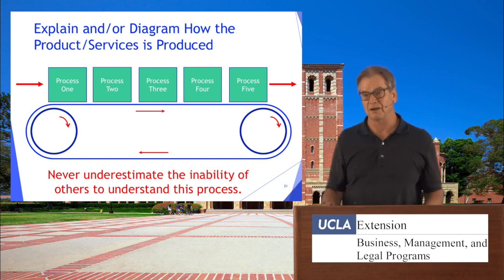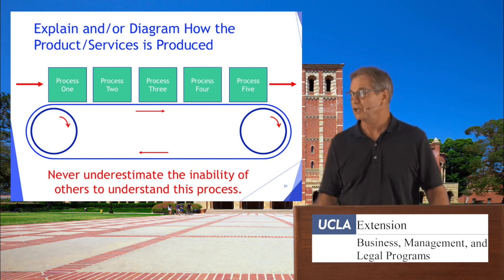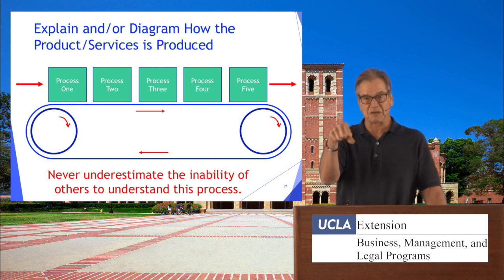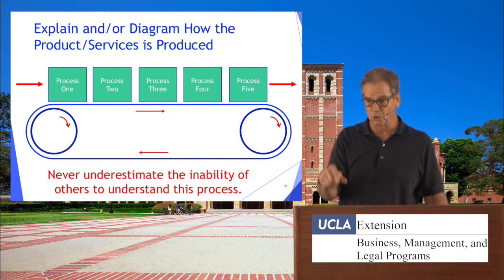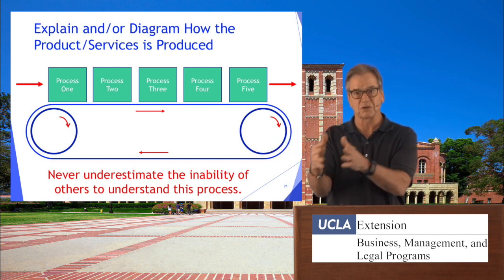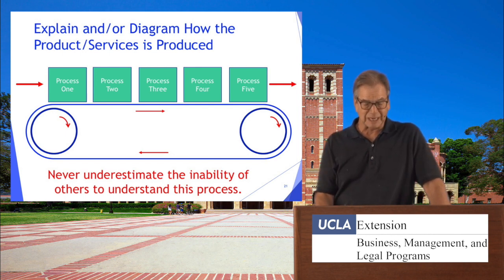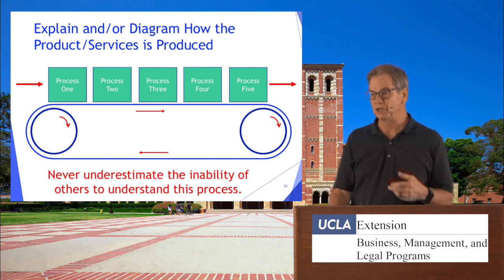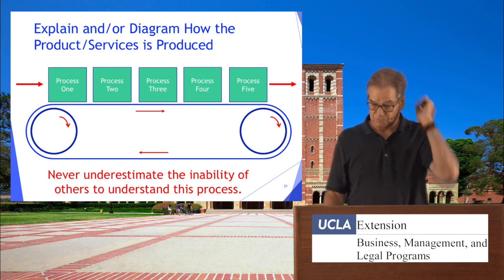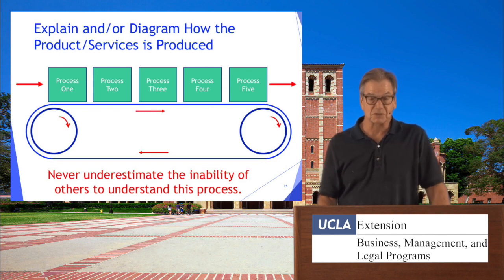We could also put a floor plan of an office or of a factory that shows what things go on in different parts, and then maybe a flow chart of how a customer is led from one department to another to complete the process. But anything you can do to graphically show how the product and services are developed, manufactured or provided is a plus.